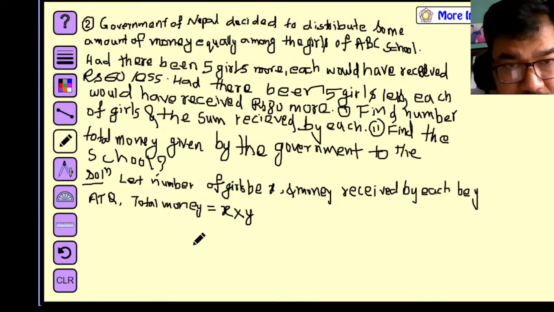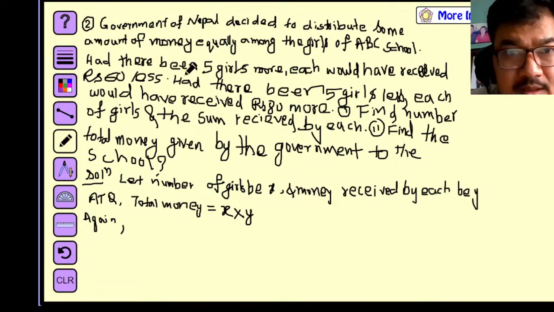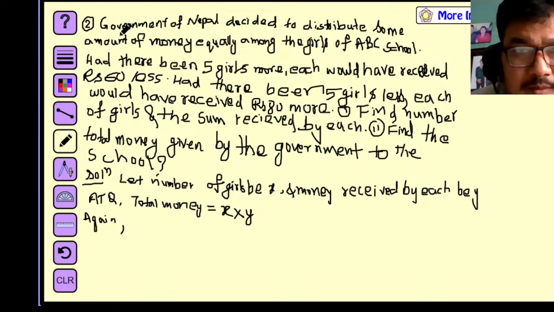And after that, again according to the question, what is given there? If the number of girls is added, how much is added? Had there been 5 girls more, that means x plus 5, right? If less, we subtract, but it's more, that's why x plus 5.